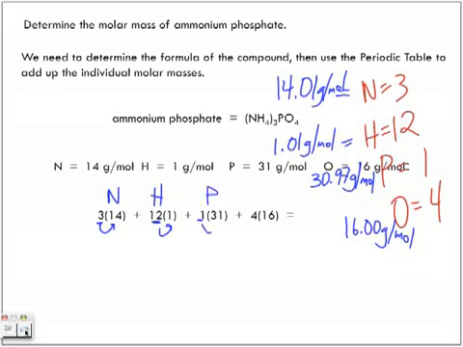We have K2O, so we have two atoms of potassium and one of oxygen. So you want to find the molar mass of two potassium atoms and one oxygen atom in this molecular formula.